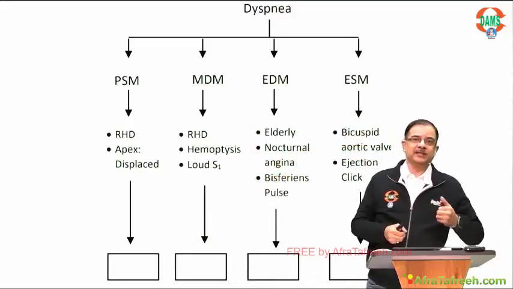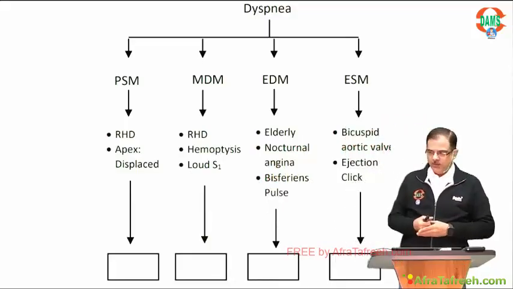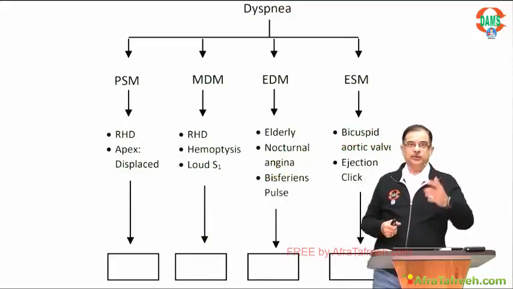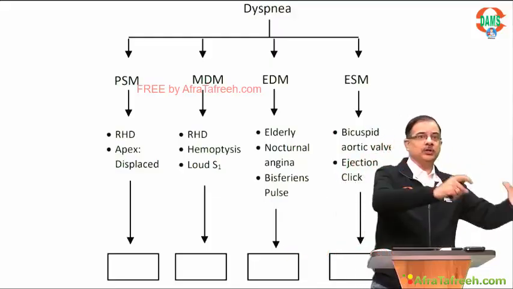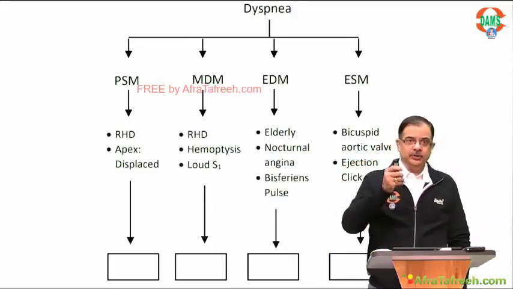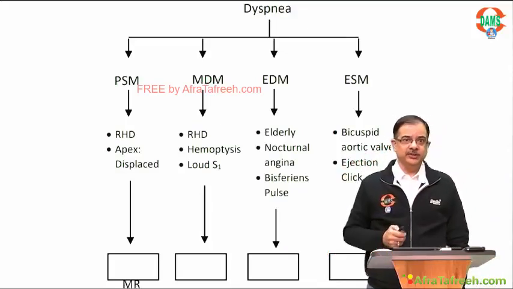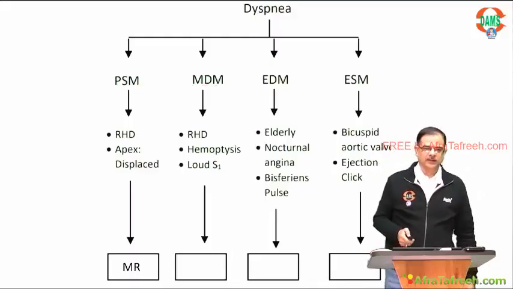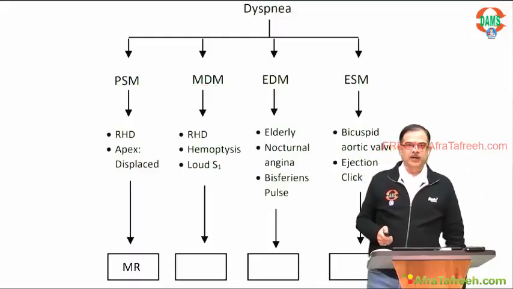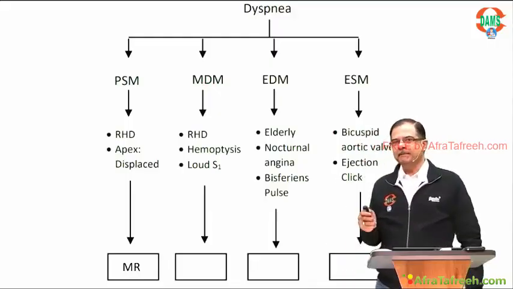A pansystolic murmur is present. So identify in the box what is the answer for this murmur. This question came in NEET PG 23. Pansystolic murmur, the most likely valvular defect will be. So this is a left-sided defect because there is dyspnea. The answer is mitral regurgitation. So this is MR. Yes, mitral regurgitation. While the next one, mid-diastolic murmur.